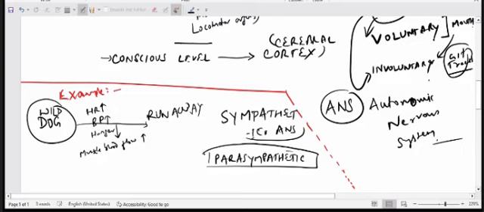Parasympathetic activity will come into the picture and it will do exactly the opposite of what you had right now. Heart rate will slowly come down, BP will slowly come down, and when you get stable, a little calm, then the hunger will increase, right? Hunger will go high. Correct?